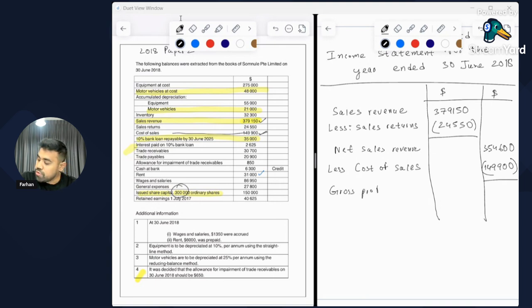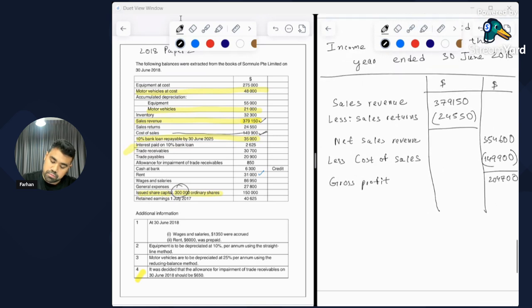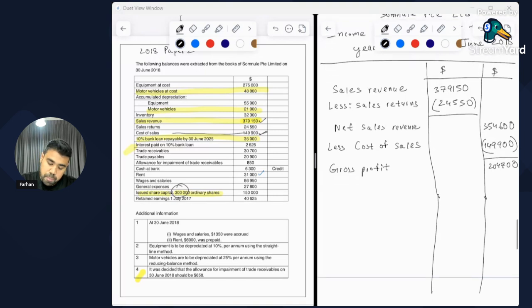And the gross profit is therefore the difference between the net sales revenue and the cost of sales, which is 204,700. Okay? We do not have any discount received or any other income that we could add to gross profit. So therefore, we are going to jump straight to expenses.